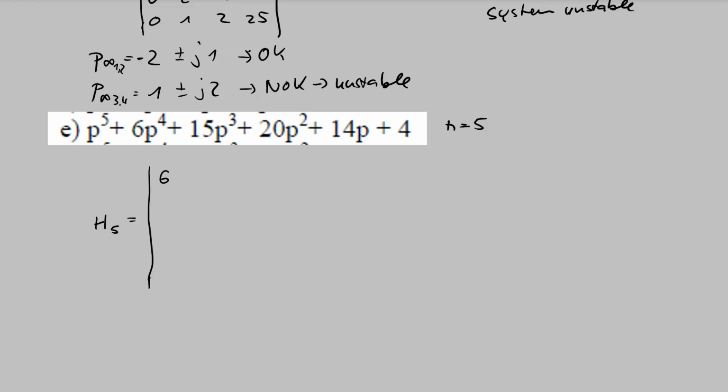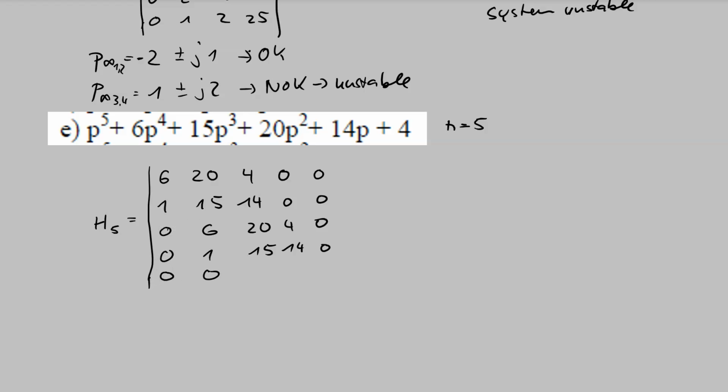Then we go to 20, 4, 0, 0, starting with 1, 15, 14, 0, 0, 0, 6, 24, 0, 0, 1, 15, 14, 0. And now here we see the 5th line. Of course, it's then the 3rd line, 1 row shift right, 1 cell shift right.